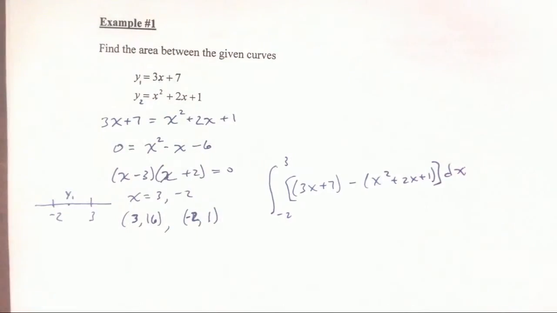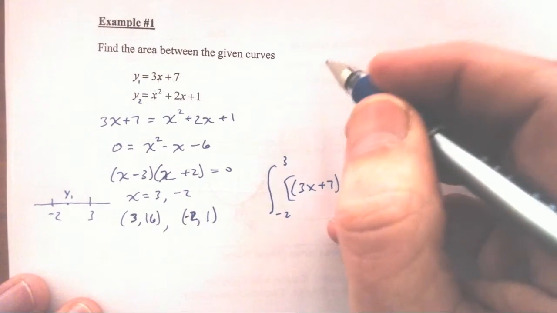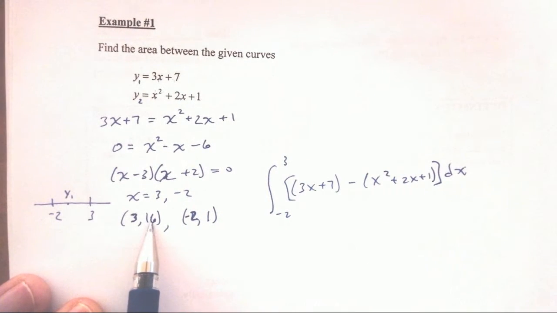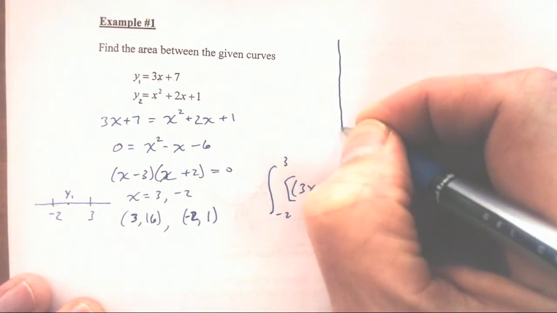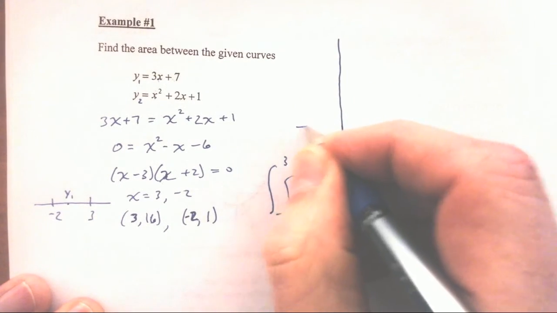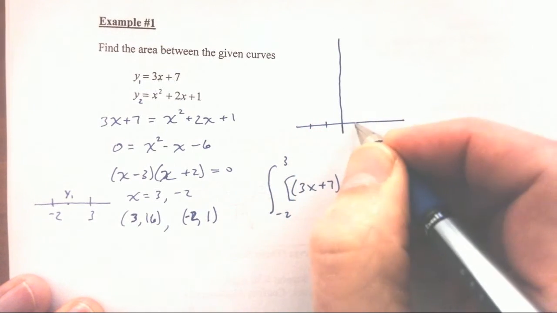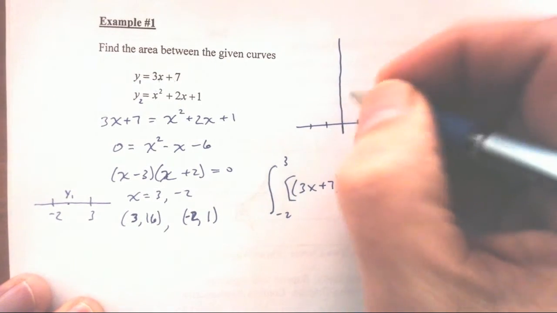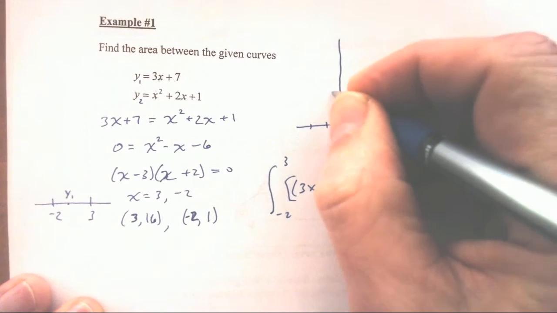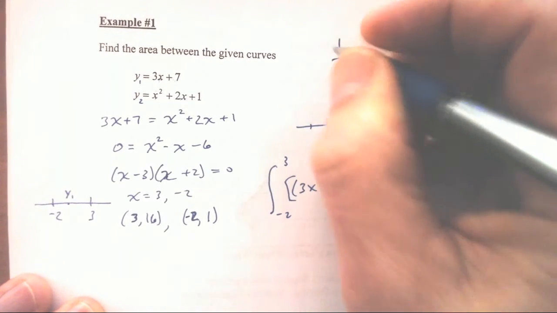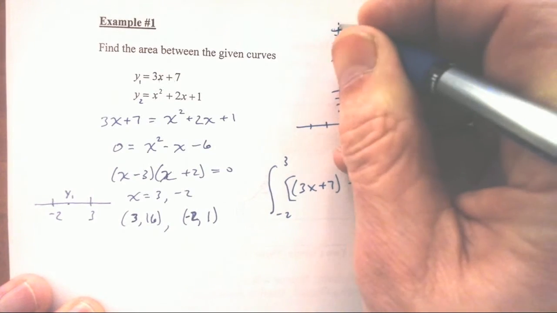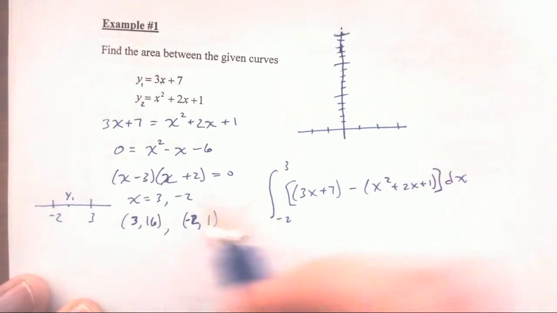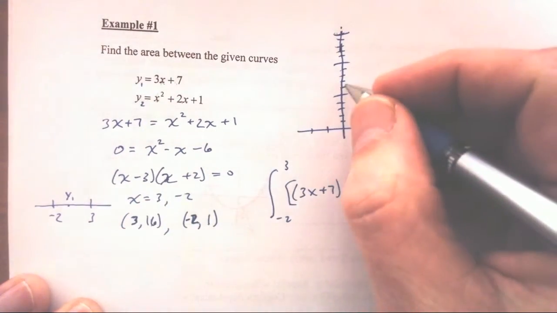dx. But I'm going to go ahead and graph this again just for the sake of it. It helps to know that we go as high as 16 here. We don't go right and left very far, and we don't go down at all. So for this one, I put in 0, I get out 7.